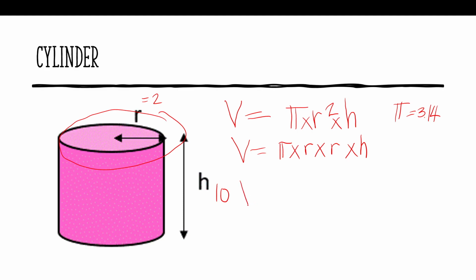So, paano ang magiging number sentence? Sige, sabay-sabay po tayo. Pi is 3 and 14 hundredths times radius times radius ulit times height. Height 10. Ayan. So, ito na yung ating number sentence.